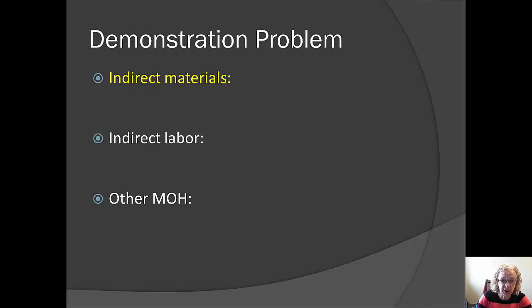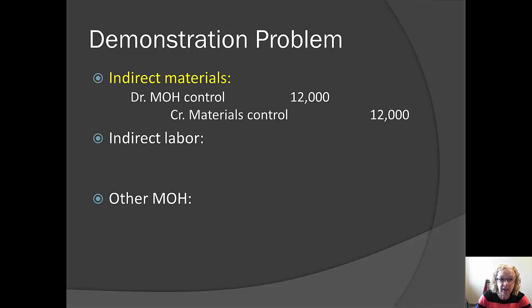So for indirect materials, that means we're going to increase manufacturing overhead control and decrease our materials control by the dollar value of all of the indirect materials that we use during the period. For indirect labor, we'll increase manufacturing overhead control and decrease our payroll account by the amount of indirect labor that we used.